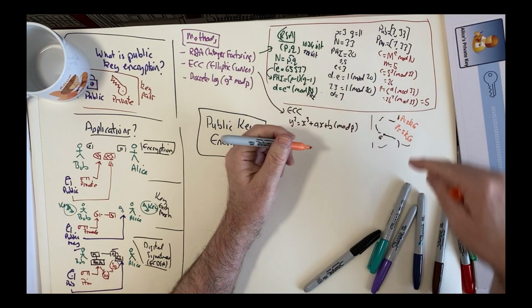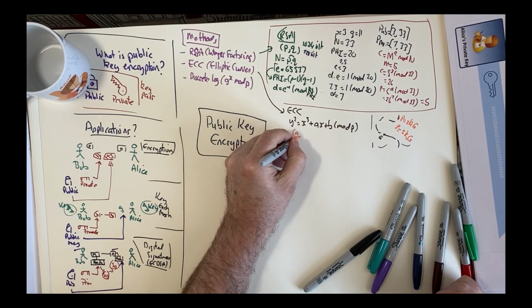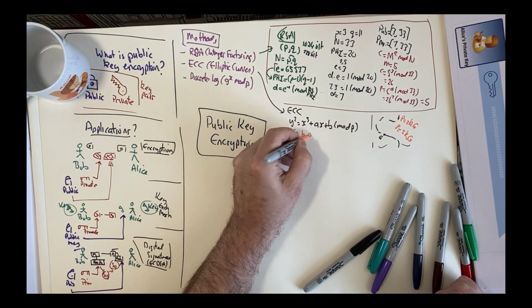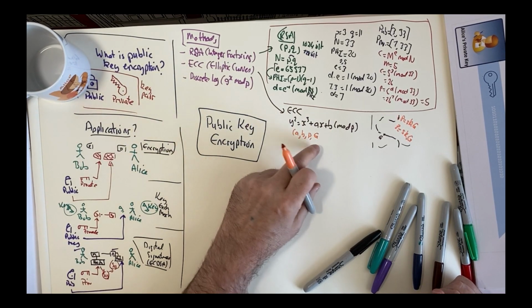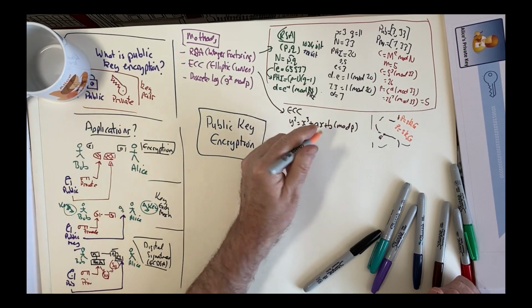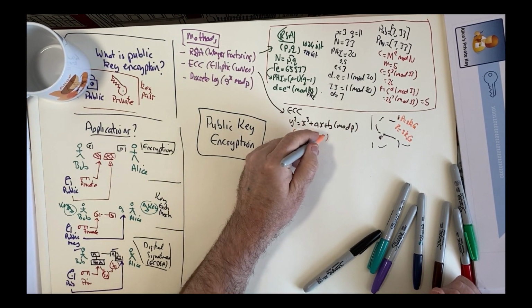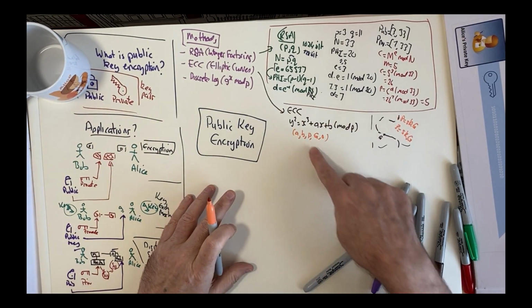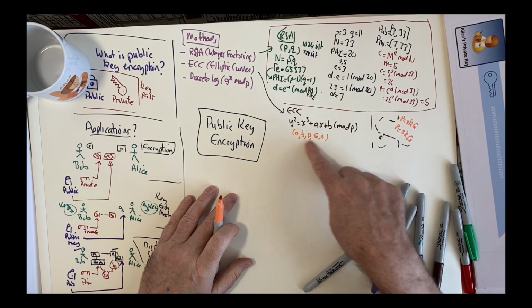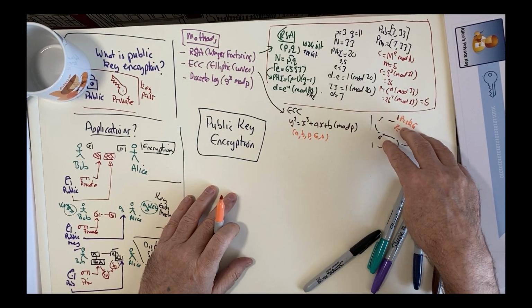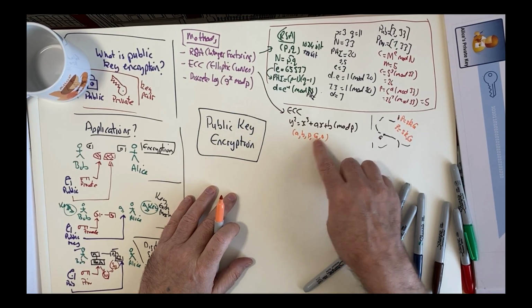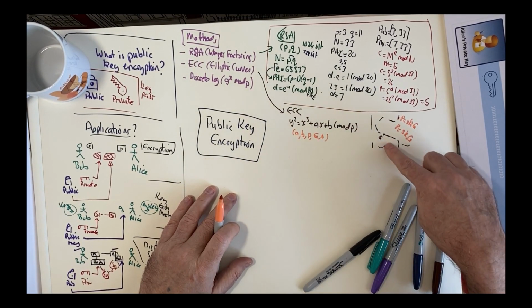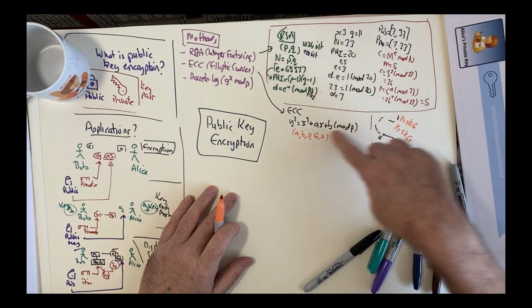So the curve itself is represented by A and B and P, a prime number, and G. There's also another one called the order that I won't quite talk about, but the main parameters in defining any elliptic curve are the values of A, B, P, G, and the order O. And G is the base point.